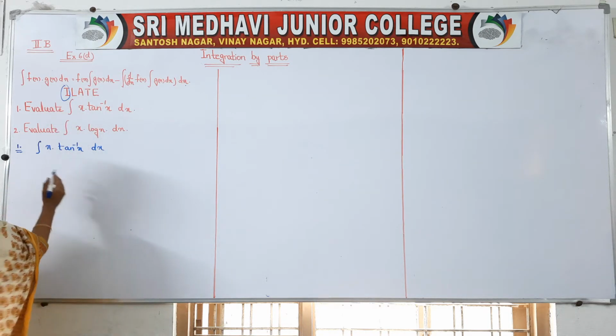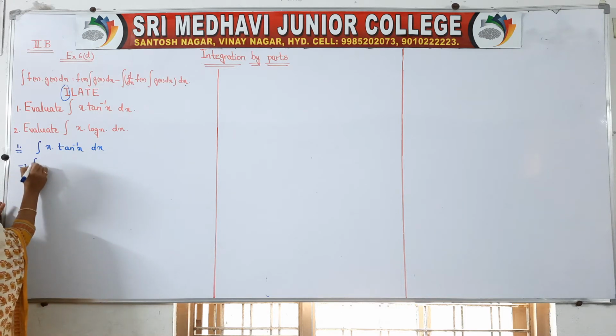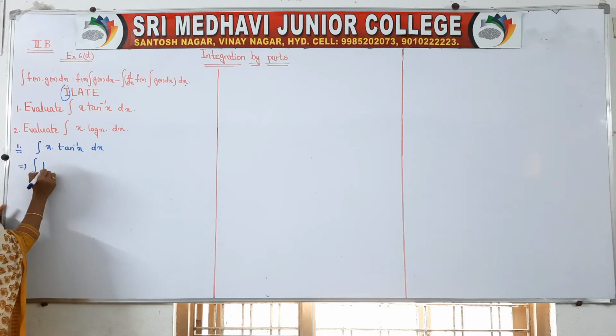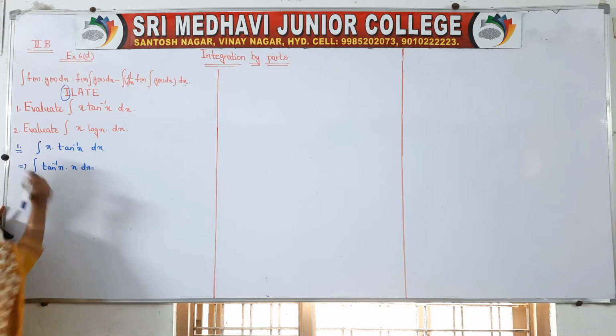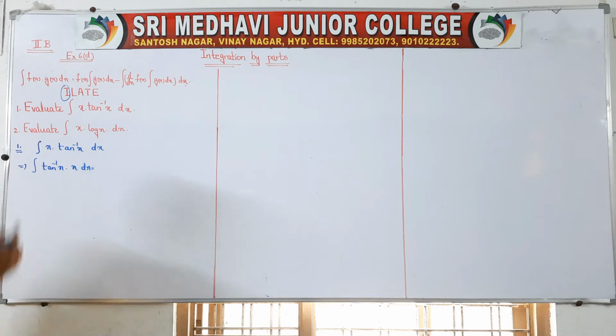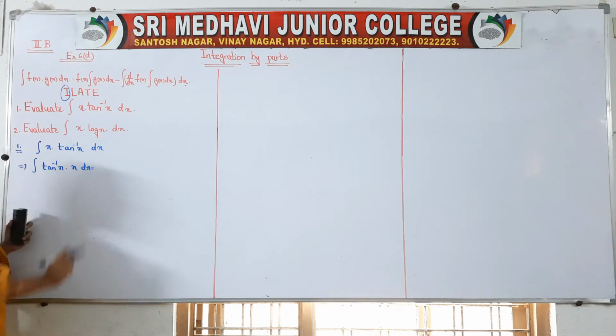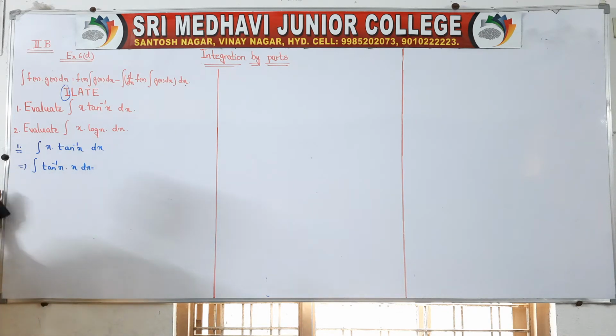So we write f of x as tan inverse x, into x dx. This is your f of x, this is your g of x. So what is the formula?